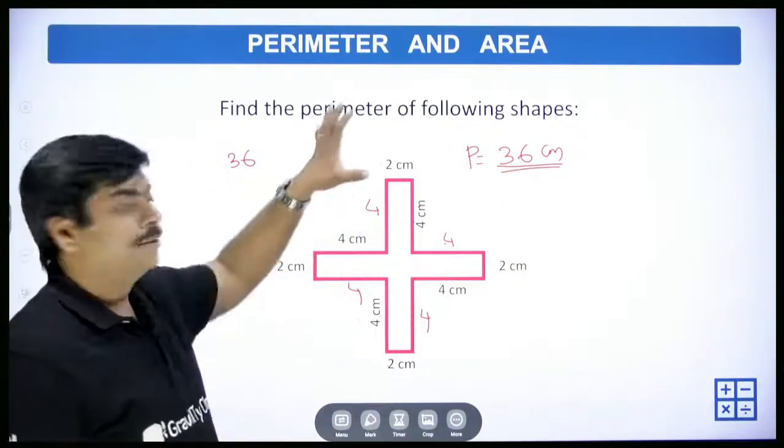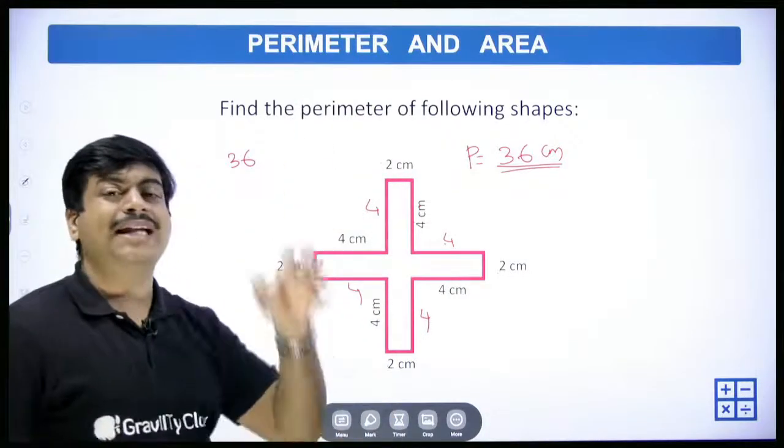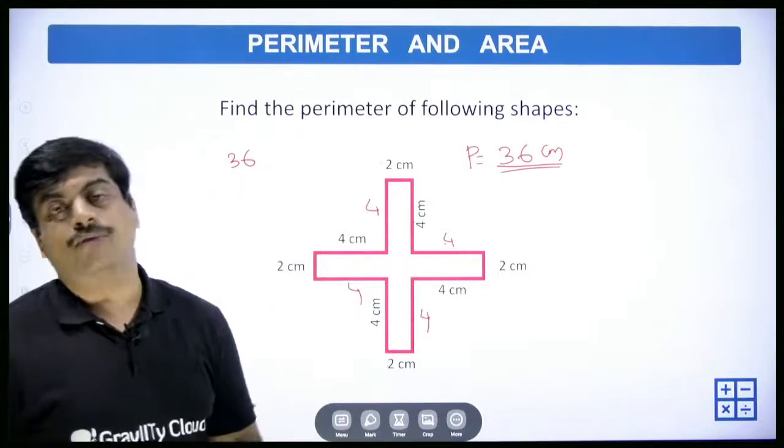Okay, so what is happening here? When you are trying to find the perimeter, not just one side, we need to add each and every side, each and every boundary.